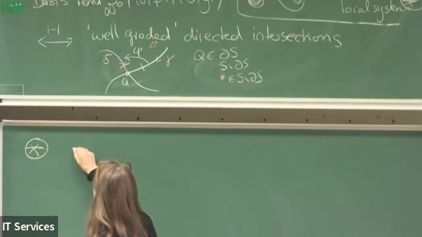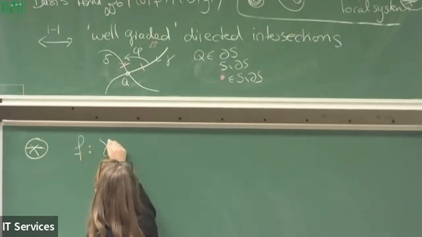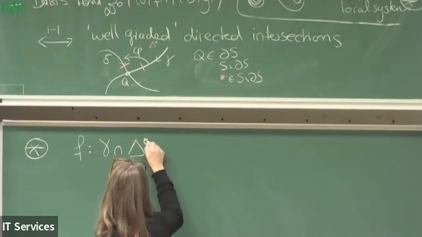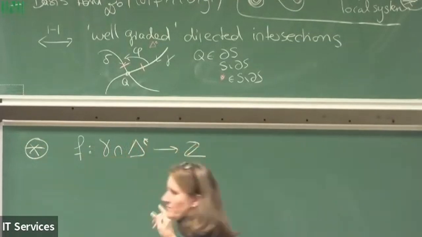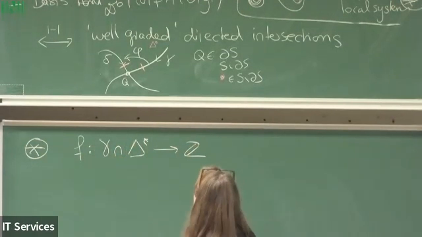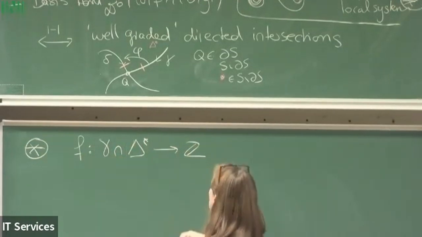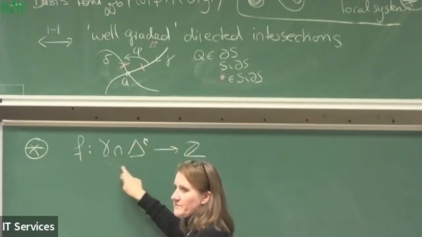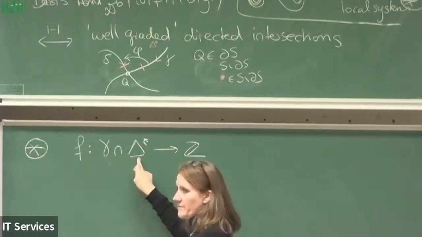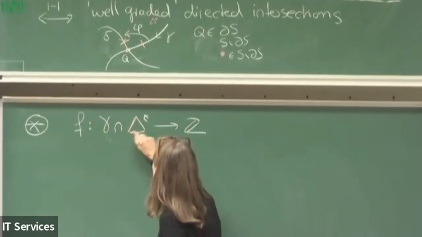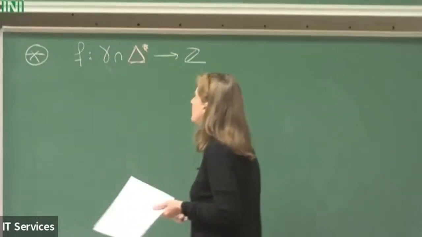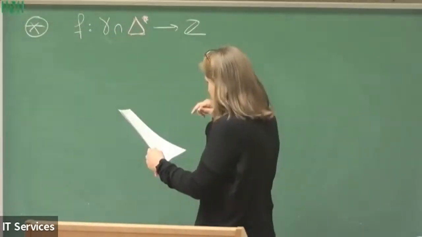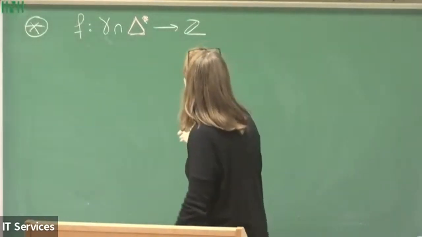I was not going to give you the details, but I will try to say a little bit more, but I'm probably going to confuse left and right. So it might be plus or minus 1 or minus or plus 1. Okay, so f is a function from the set of intersections of the curve with that dual dissection. So remember, we have that red dissection that we built, and it is defined in the following way.